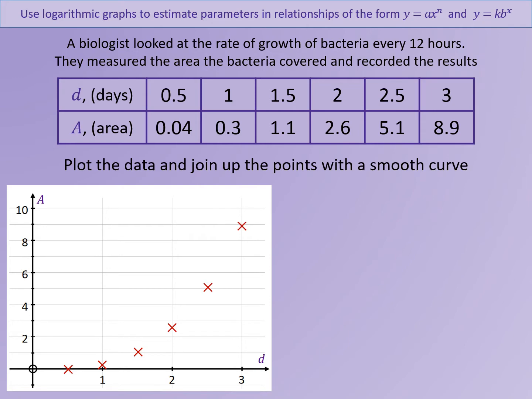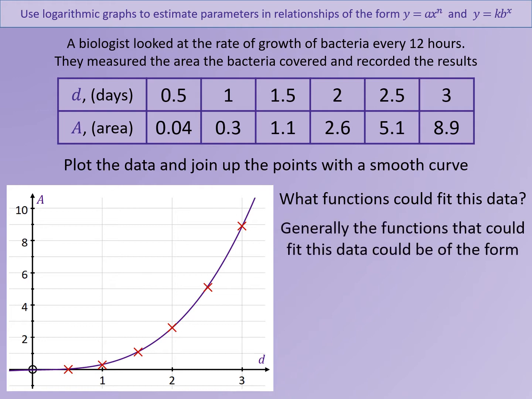And what the biologist wants to do is find the equation of that curve. So they look at that curve and they know that they have seen that sort of shaped curve before. And either this curve is going to fit the form y equals a times x to the power of b.